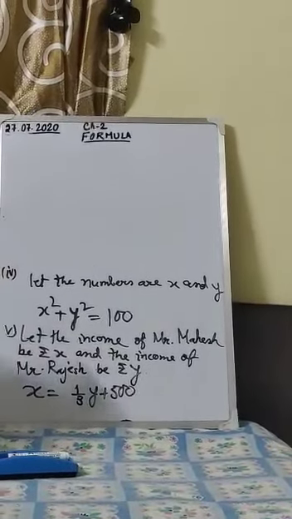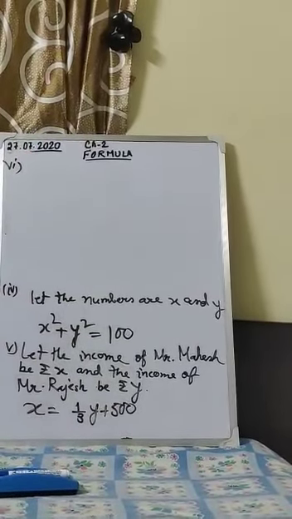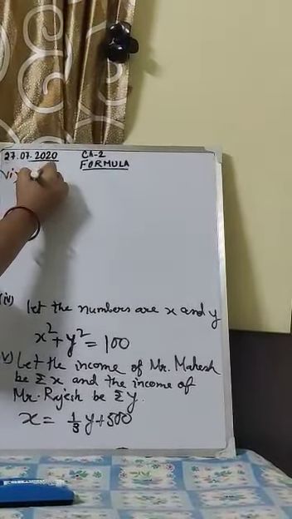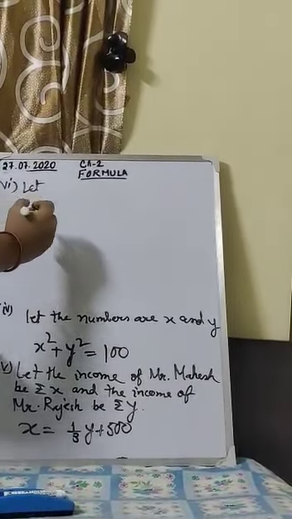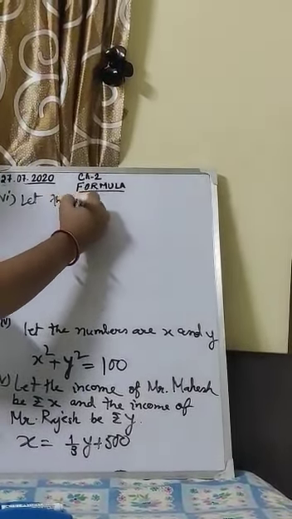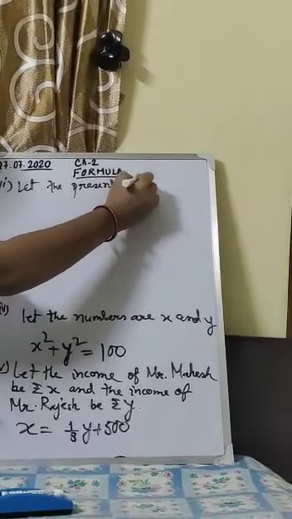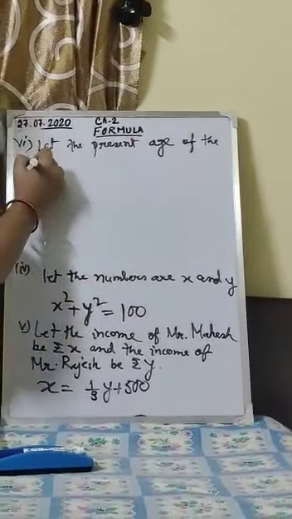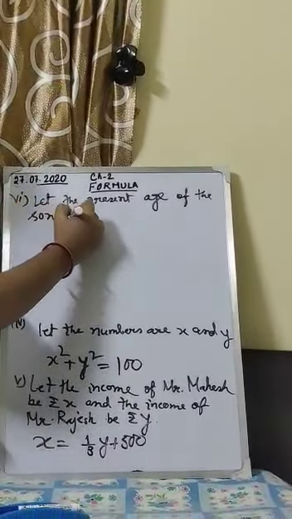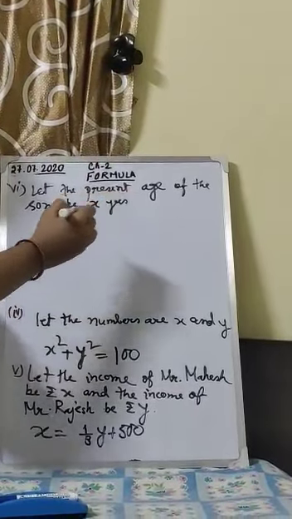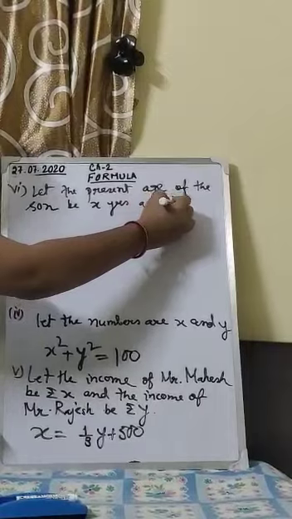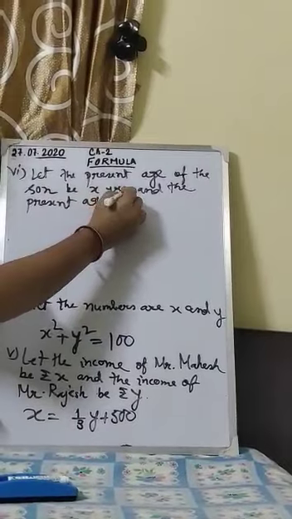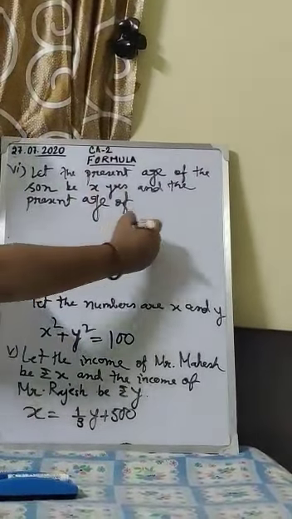So, let the present age of the son be x years and the present age of father be y years.